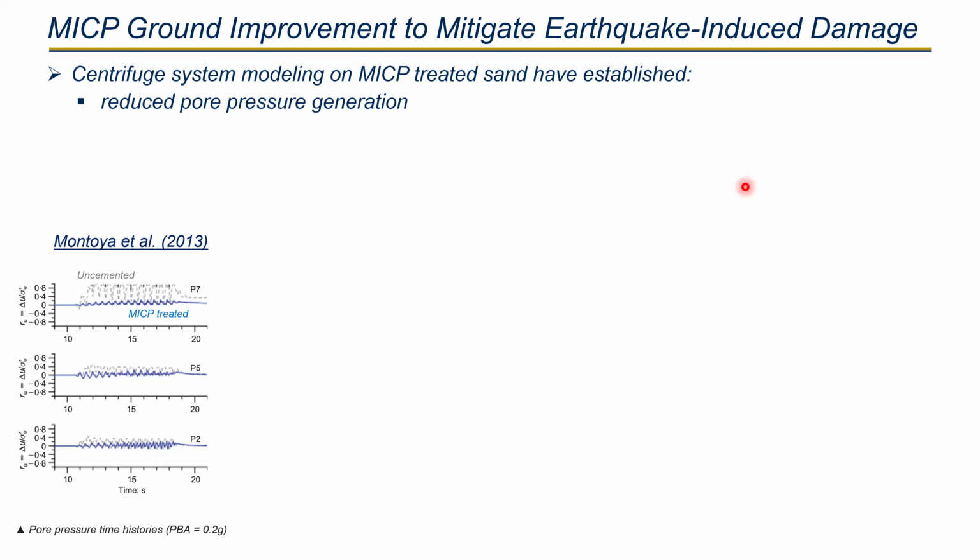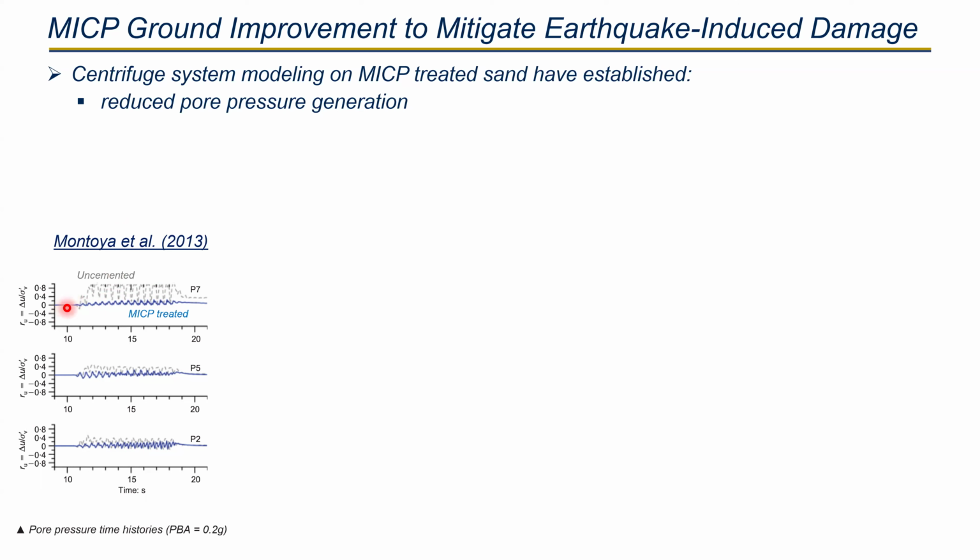In 2013, Rina Montoya conducted a small centrifuge test, and they found that MICP can reduce the excess pore pressure generation. As you can see here, the gray one is the excess pore pressure from the uncemented sand, which is already above the Ru of 1.